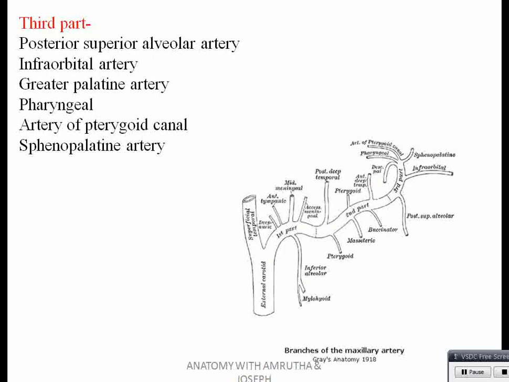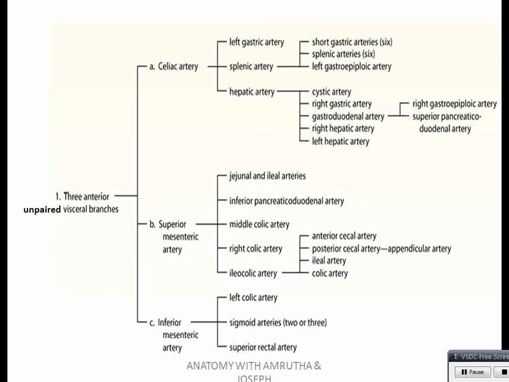Now what we are going to see is the abdomen, some branches of the abdominal aorta. The anterior branches of the abdominal aorta are discussed here just for revision, because this is already done before. The anterior branches are celiac artery, superior mesenteric artery, inferior mesenteric artery.